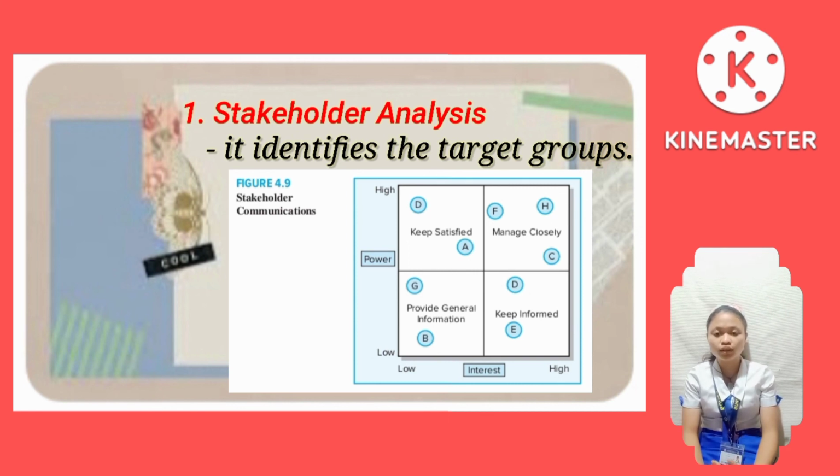So for example, in a typical project, you want to manage closely the professionals doing the work, while you want to satisfy senior management and the project sponsor with periodic updates. Unions and operation managers interested in capacity would be people you want to keep informed, while you would only need to provide general information to the legal, public relations, and other departments.